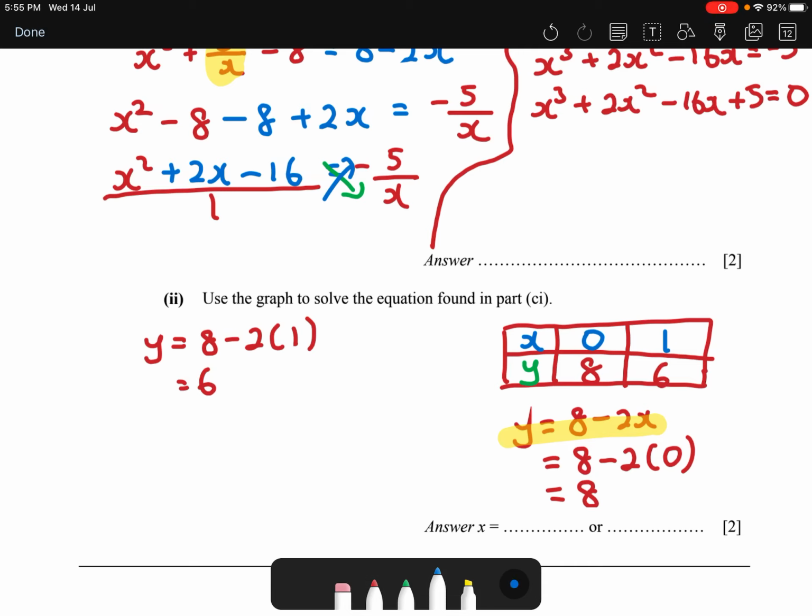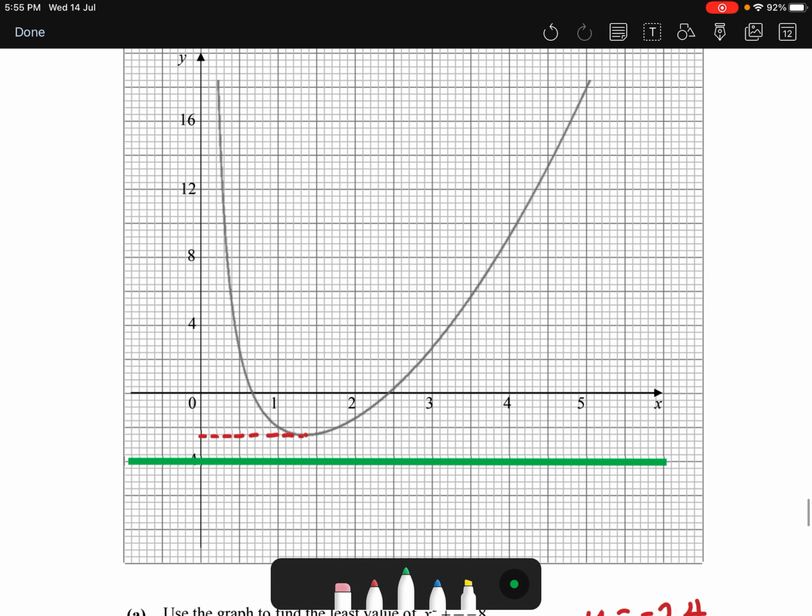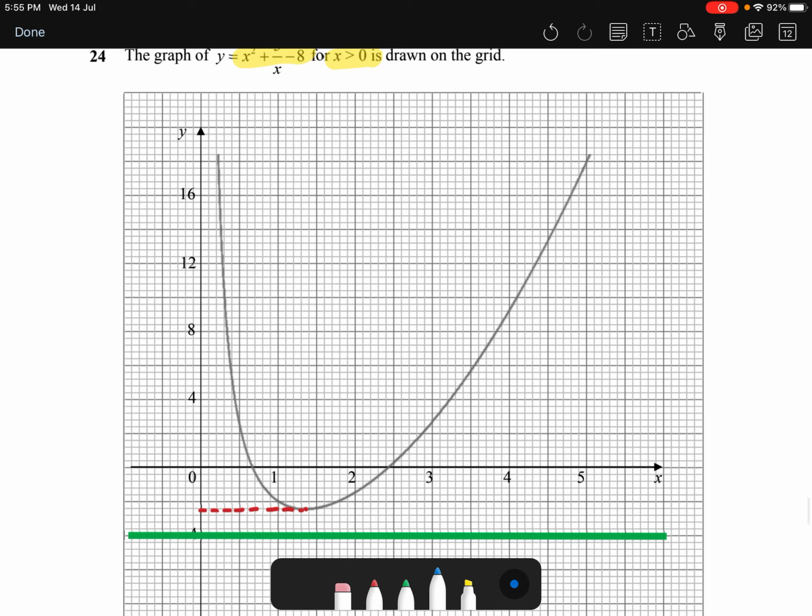The first coordinate is right here, the second coordinate is this. Then you plot accordingly. So (0, 8) and (1, 6). Let me just plot (0, 8). So (0, 8) is right here, and (1, 6) is here.